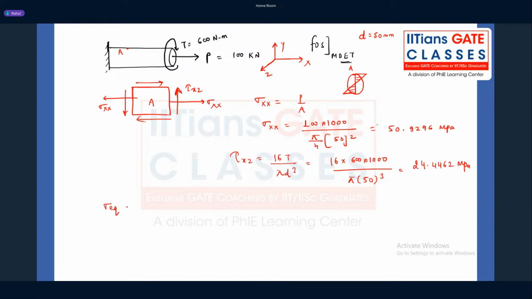Once you got the torsional shear stress, once you got the normal stress, what you can just do, you can write the equivalent stress based on the distortion energy theory, which is also called as what, guys? Hencky equivalent stress, right? What is the formula, guys?